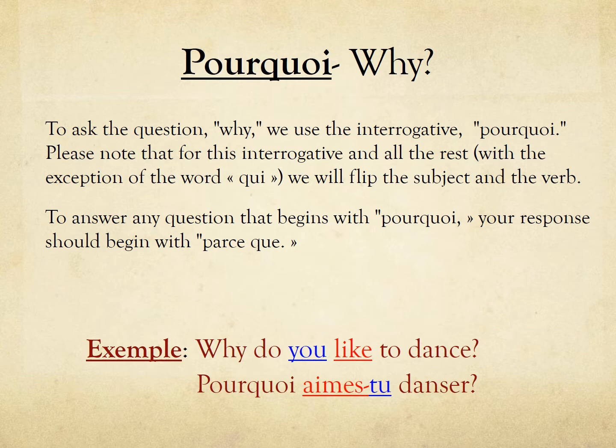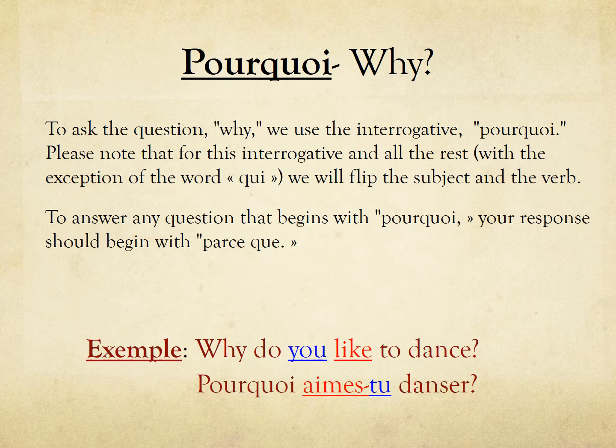Please note that for this interrogative and all the rest, with the exception of the word qui, we're actually going to flip the subject and the verb. Once we have our question word, what follows will be a subject-verb flip. So if you take a look at your example, we have our subject pronoun in blue and our verb in red, our main verb.